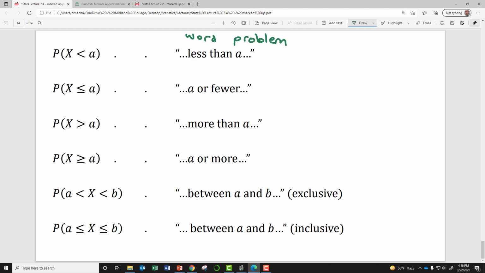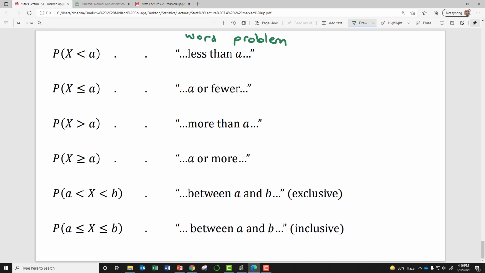If it says a or fewer, that's a sign to use less than or equal to a. If your word problem says what's the probability that it's more than 5, this is the probability that x is greater than 5. If the word problem says what's the probability that x is 5 or more, well then that's greater than or equal to 5, right?